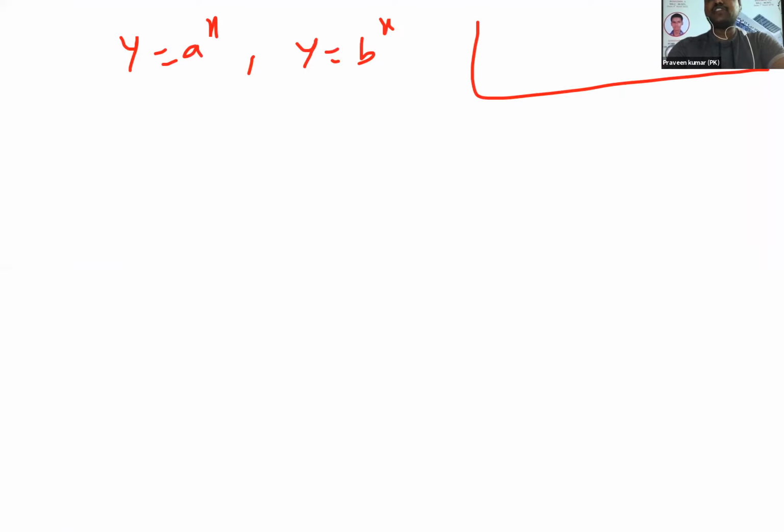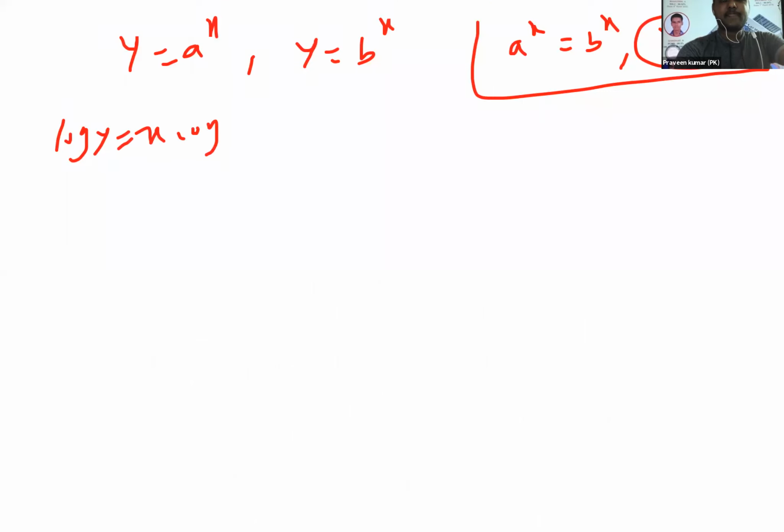First I equate these two. A power x equal to b power x means what is the x value? 0 now. A power 0 is equal to b power 0, no? That means 1 is equal to 1. Okay, keep it in mind. Take log on both sides. Log y is equal to x log a. Log y is equal to x log b.